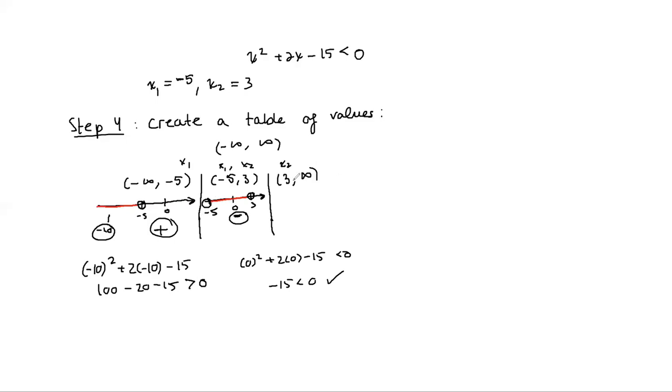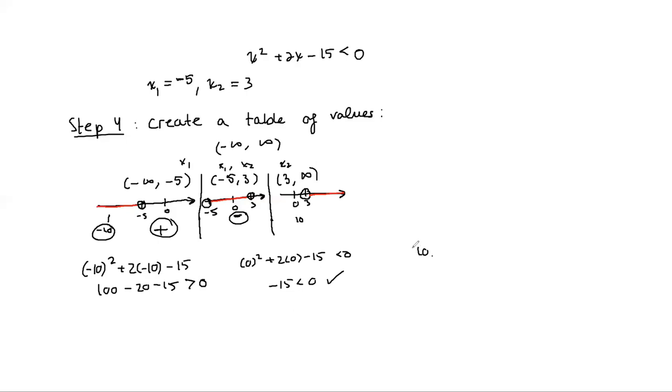Okay, and finally, let's look at another one. If this is 0 and this is 3, not included, I am looking at the values between 3 and positive infinity. So suppose I take, for instance, 10. 10 is between, so it works.